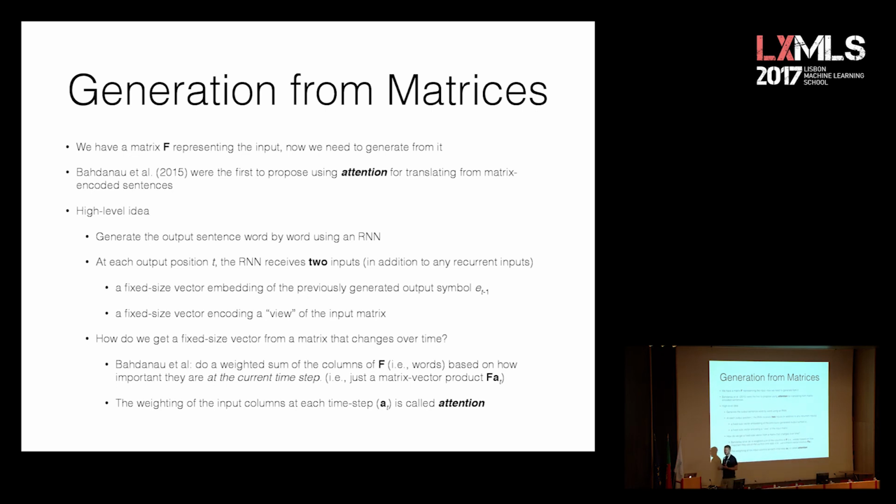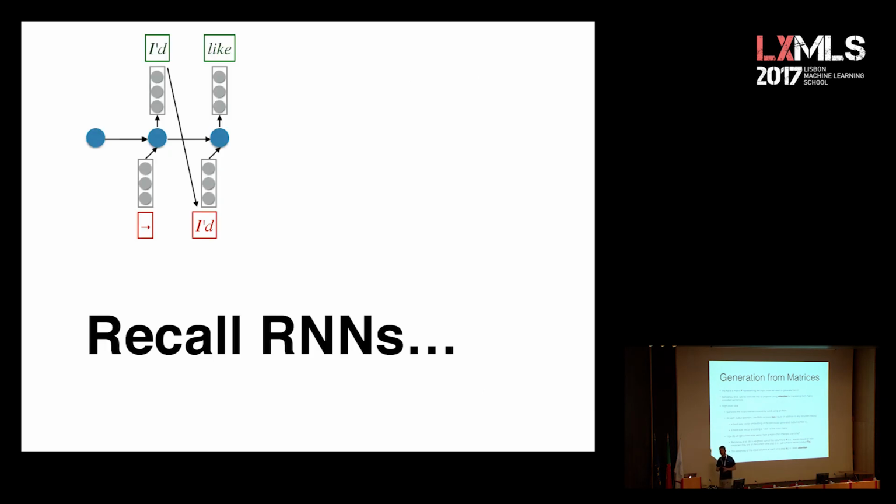So we need to be able to come up with this vector a at every time step, and that vector has to be of different lengths depending on the number of columns in F. The weighting of the input columns at each time step is called attention.